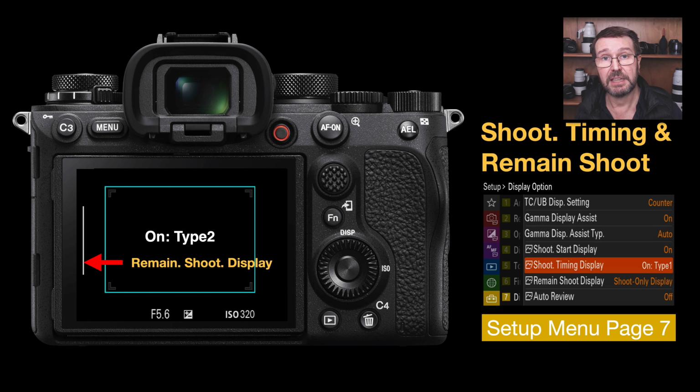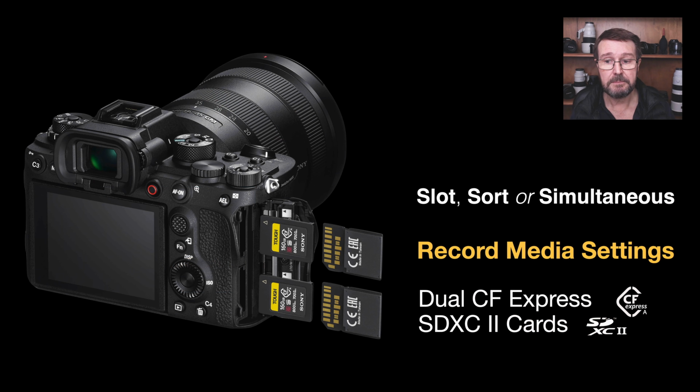That is the number of frames that the camera can hold in its memory before writing them to the memory card. Now, of course, that buffer will clear a lot more rapidly if we're using at least one CF Express Type A card, because we can write those files to that card nearly 3 times faster than we can using the fastest SD cards.